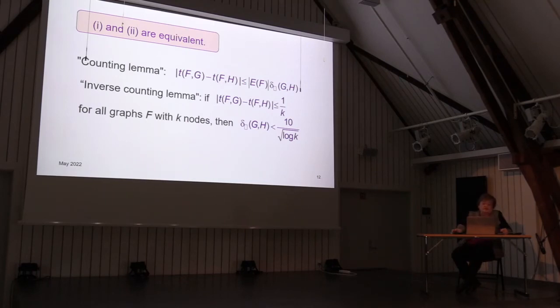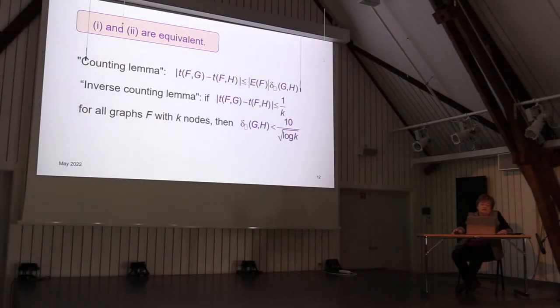And from this, one can also show that for all graphs F with k nodes, the cut distance of G and H is less than 10 over square root log k. One can improve this, but it is enough for us.